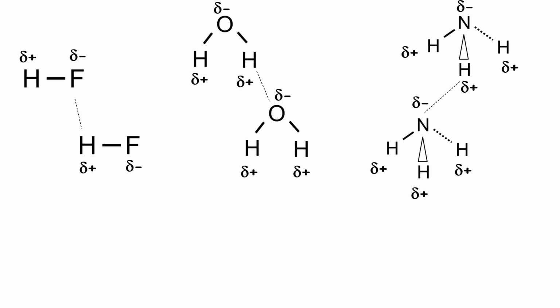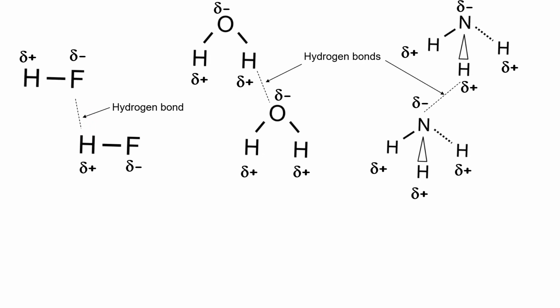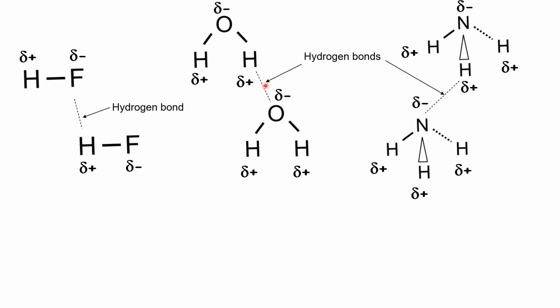And this particular type of stronger permanent dipole interaction we call hydrogen bonds. So here's an example of a hydrogen bond between two hydrogen fluoride molecules. And here are examples of hydrogen bonds formed between water molecules and ammonia molecules.